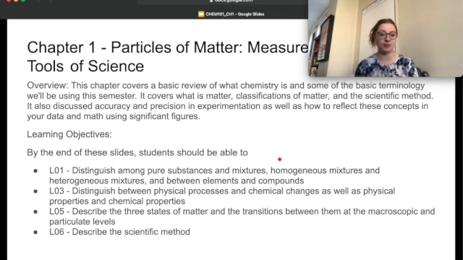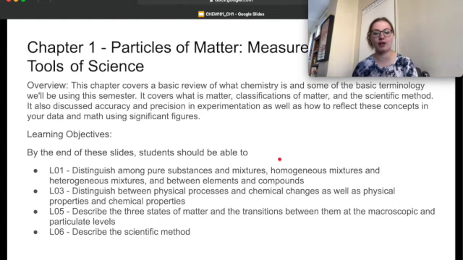That being said, we're going to talk a little bit about what matter is, how to distinguish between pure substances and mixtures, homogeneous mixtures, heterogeneous mixtures, elements, compounds, that kind of thing. We'll also talk about physical processes and chemical changes, as well as physical and chemical properties.